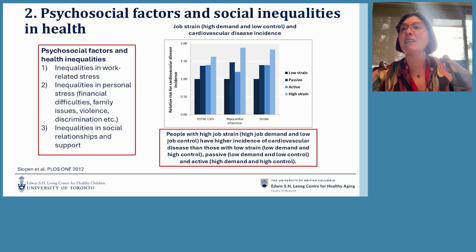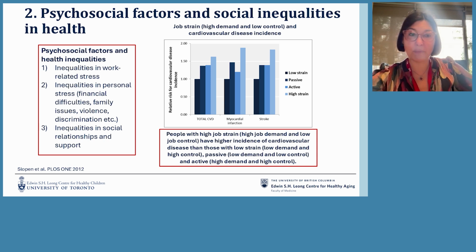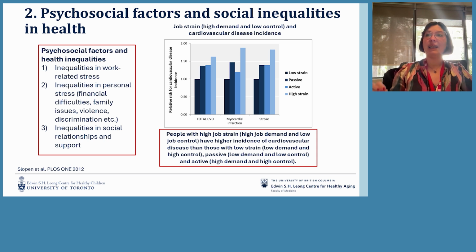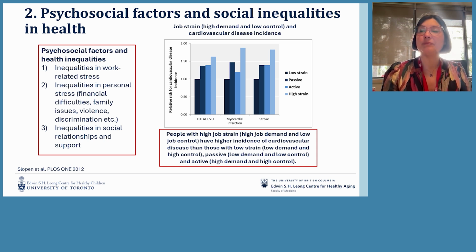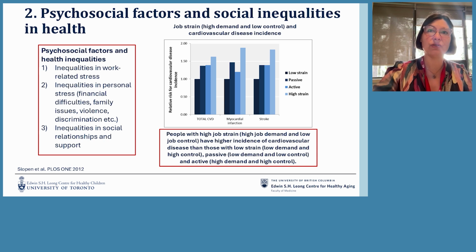And what we can see here is that people with high job strain have higher incidence of cardiovascular diseases as compared with those with low job strain, those who have a sort of a passive work situation with low demand and high control, and those with an active situation with a high demand and high control.